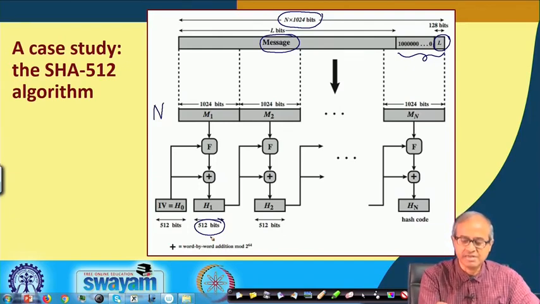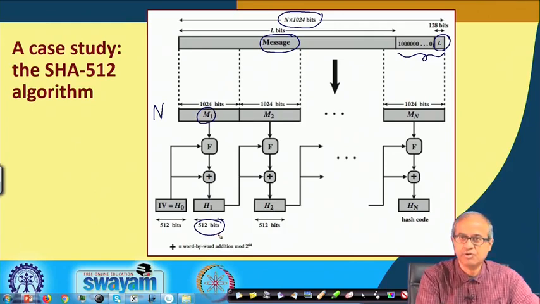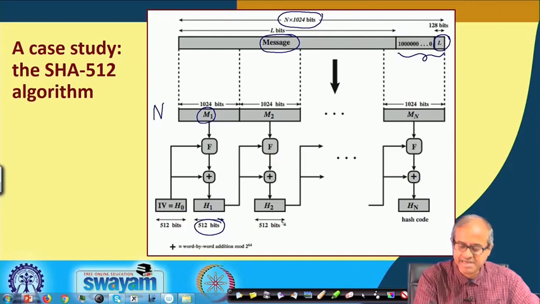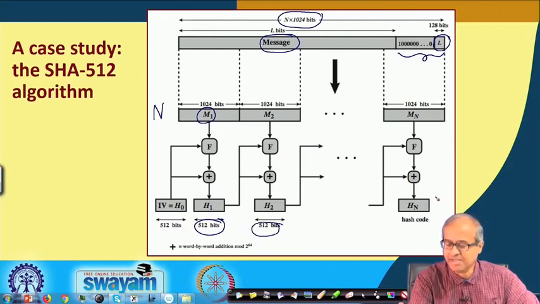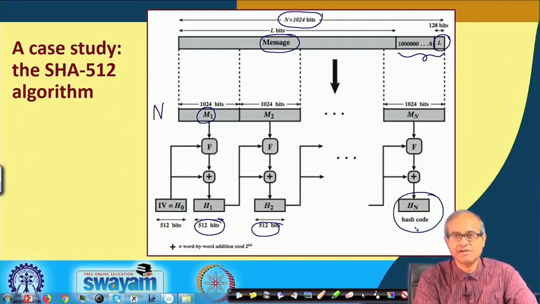The first, M1, generates a 512 bit data, but this hash value is fed as input to the second stage, that creates another 512. This proceeds and finally, we get a single 512 hash value. The final value, whatever comes, is taken as the 512 bit hash.